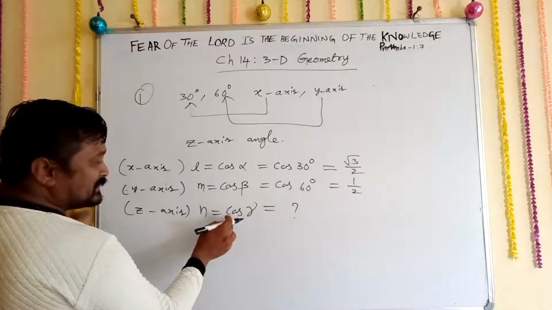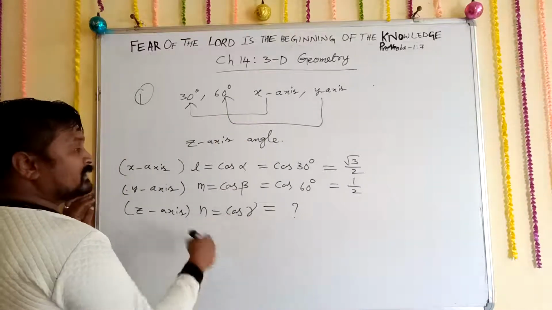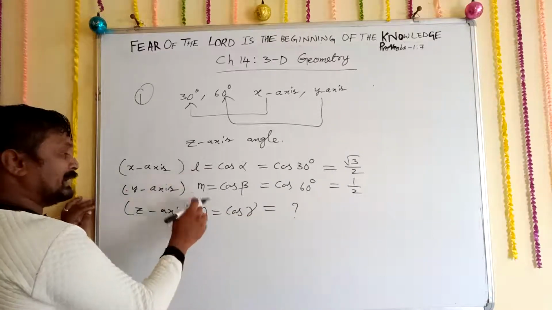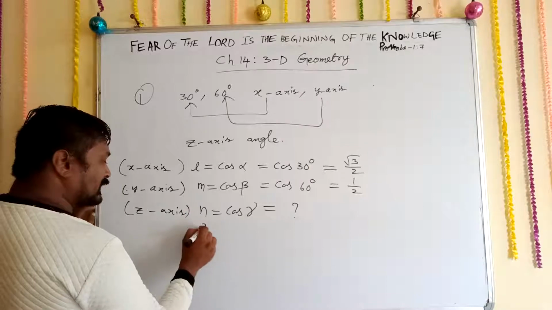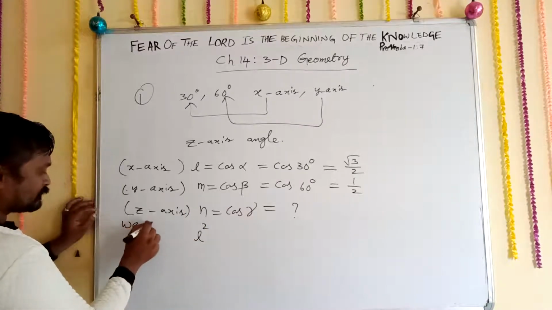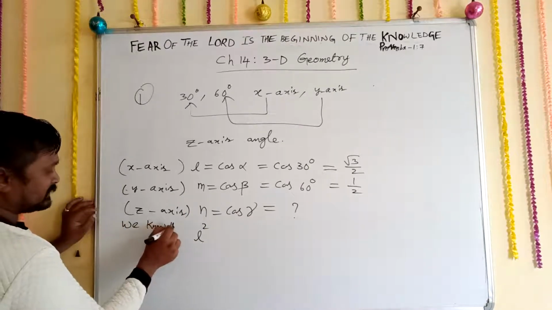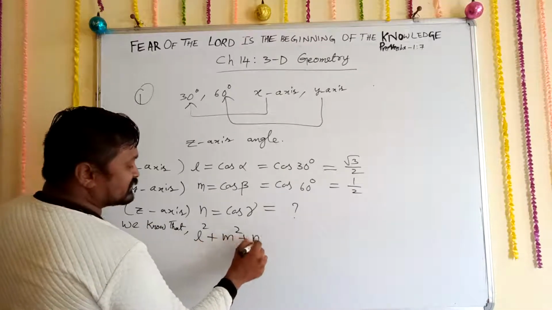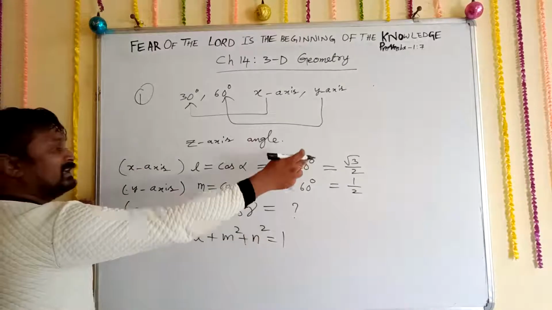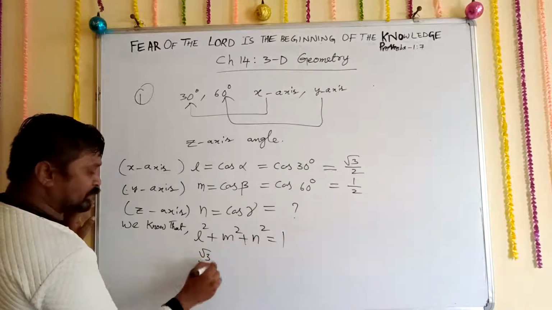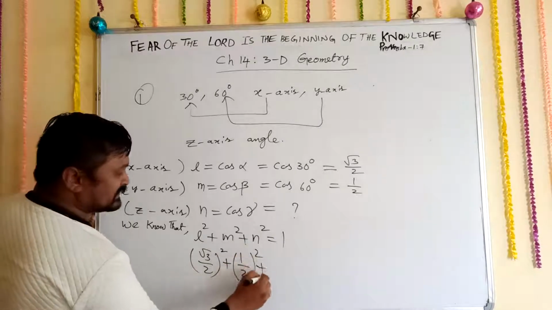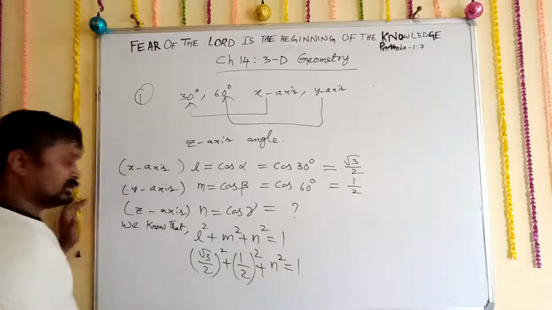So for the z-axis, I need to find what is this cos gamma. What is the relation between L, M and N? You already know the relation. We know that L square plus M square plus N square is equal to 1. L is root 3 upon 2 whole square, M is 1 upon 2 whole square, plus N square is equal to 1.